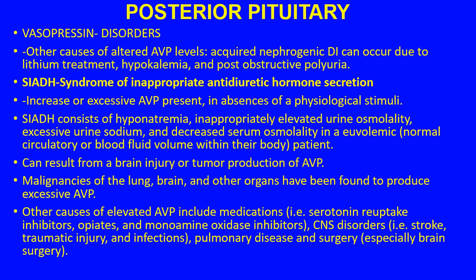Individuals who are on lithium for extended periods of time, doctors have to watch them very carefully so that it does not interfere or damage the kidneys. Hypokalemia, which means that you have a low amount of potassium present in the blood. Post-obstructive polyuria. Okay. And usually that's something where you're making a lot of urine, but there are some obstacles or some structures that are blocking some of its release, etc.